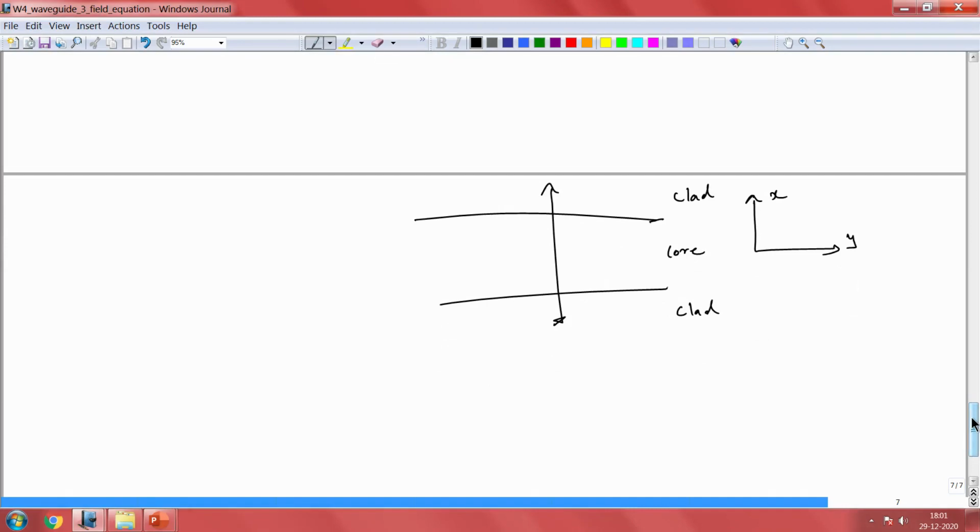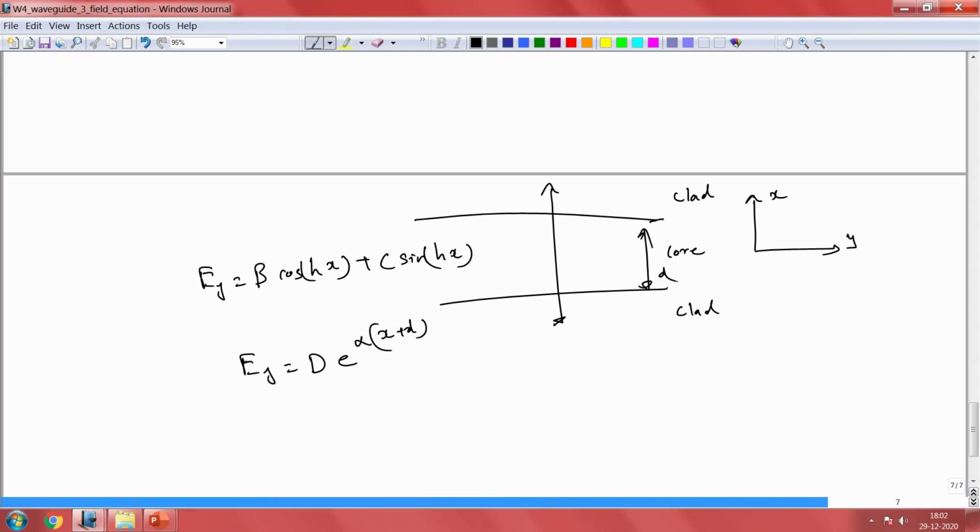So we are going to look at how the field is going to look. In the core your field will be something of this kind, while in the cladding, with some thickness d, where this is 0, 1, d and so on, the field will look something like e to the power minus alpha x.